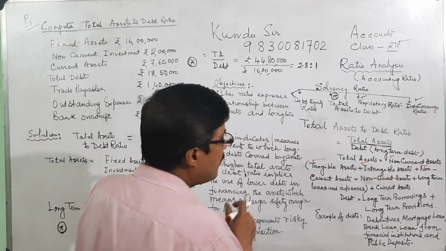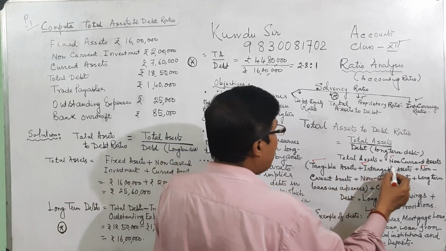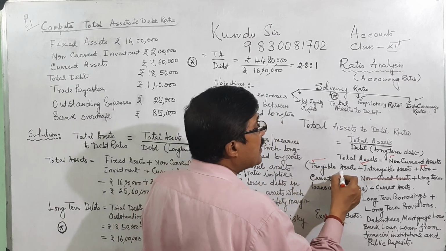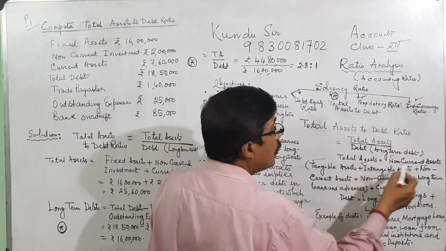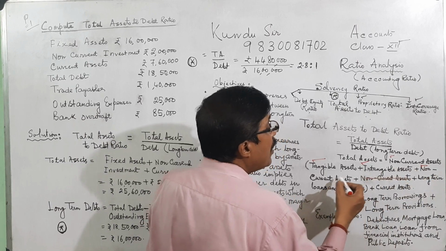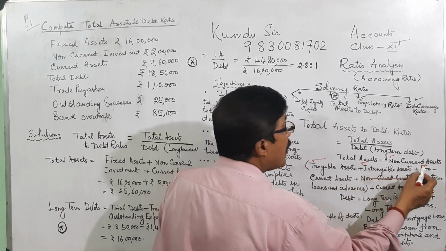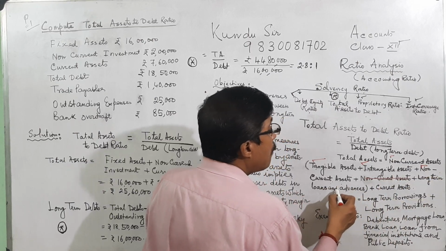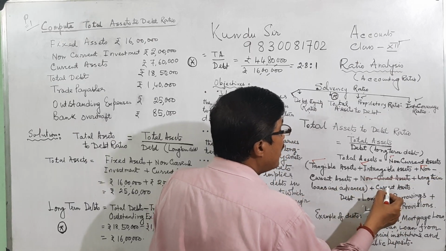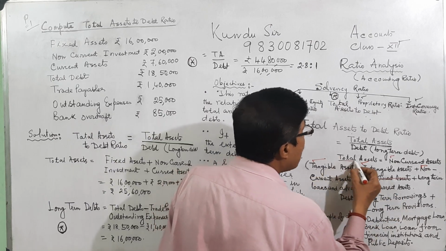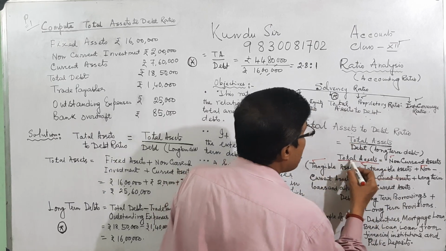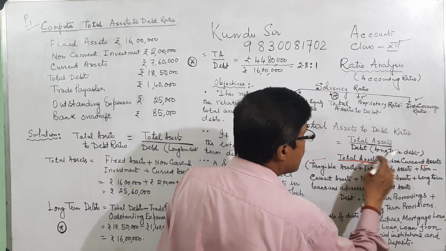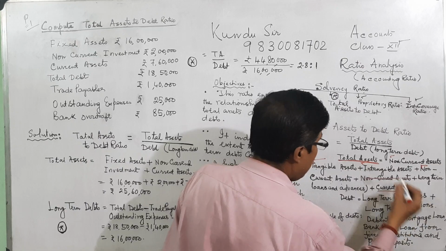In the fixed asset, non-current asset means tangible asset, intangible asset, other non-current asset, and long-term advance, plus current asset, we will get the total asset. Total asset equals fixed asset plus current asset. Fixed asset is explained here, and current asset here.